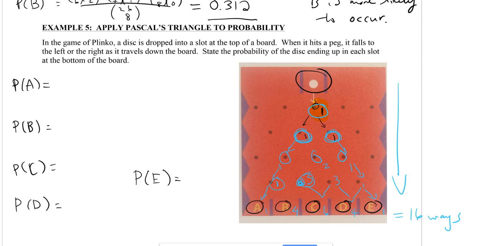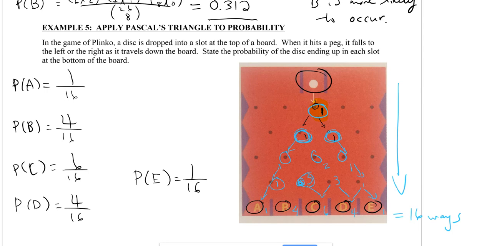Yes, it would. So now I'm going to write that each of them will have a total outcome of 16. Okay, but the numerators will be filled in by their respective numbers. So A is 1, B is 4, C is 6, D is 4, and E is 1.